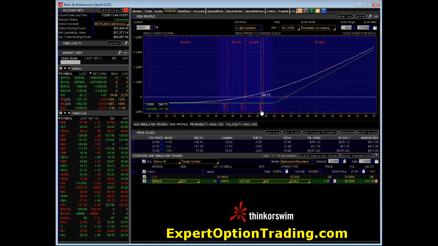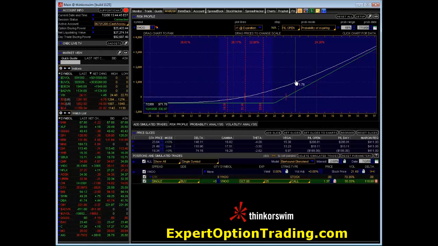And look what happens. We have a very similar risk-reward, profit and loss graph that we did when we purchased an outright call on the stock itself. In other words, we have a maximum loss here of $411, which you can see is the green line, which is our expiration line for this particular option, which expires in October. And we also have the white line.